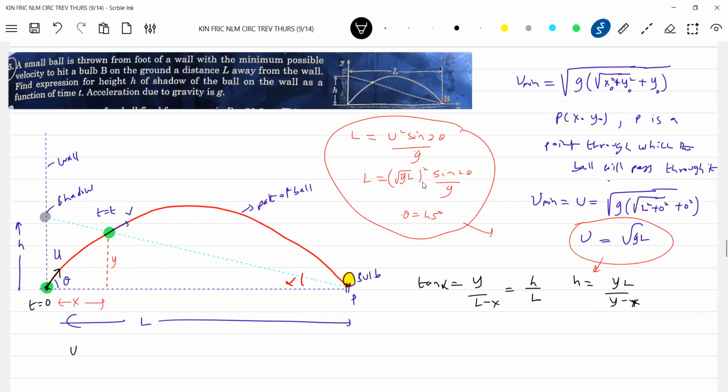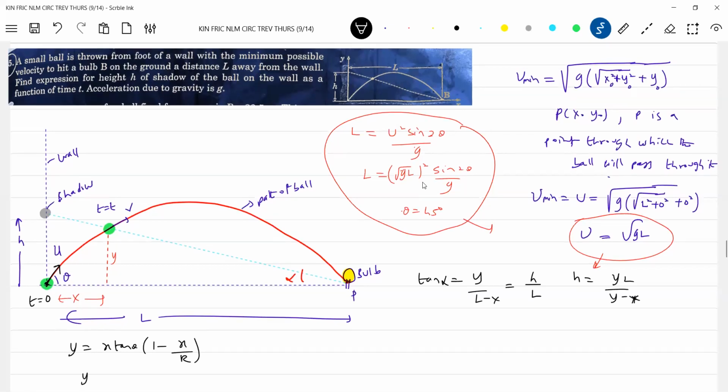So I can go back to y equal to x tan theta into 1 minus x by range, where R is equal to L. Theta is the angle of projection. We know theta is 45 degrees. So substituting this, y equals x into tan 45 into 1 minus x by L.